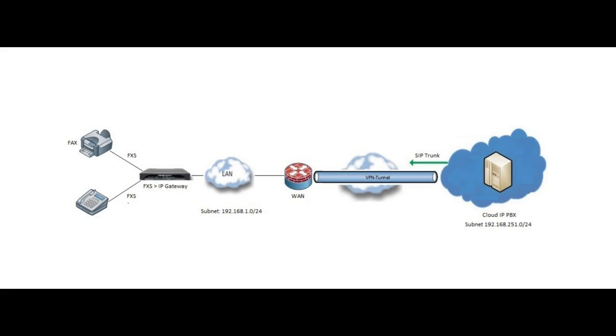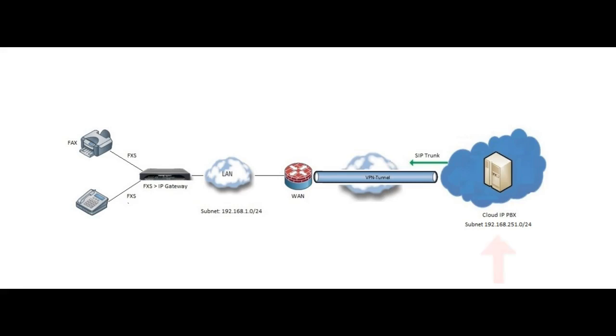Firstly, our IP subnets. Our VPN is connected over a VPN tunnel. The PBX platform can see the local site and simply sees it as just another local user in another subnet. Devices are accessible and pingable from the cloud platform.